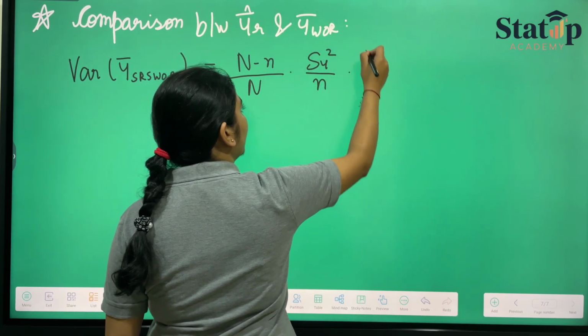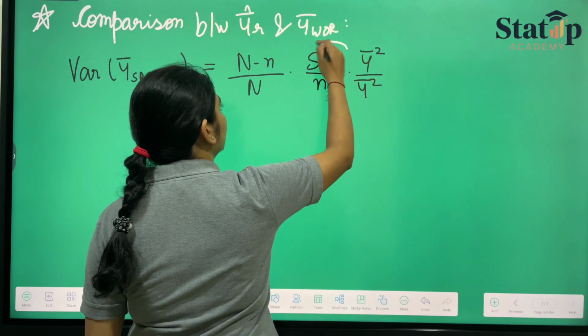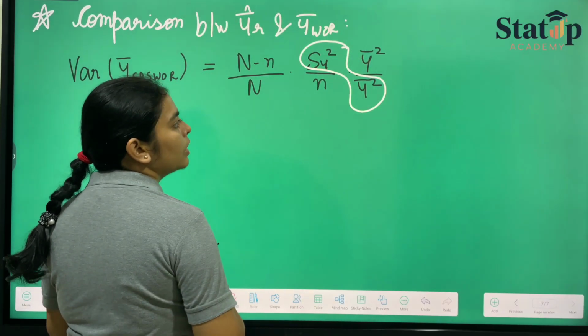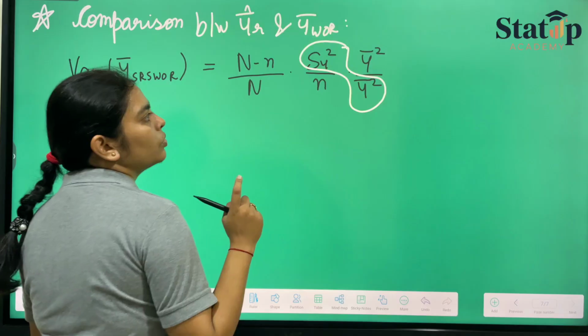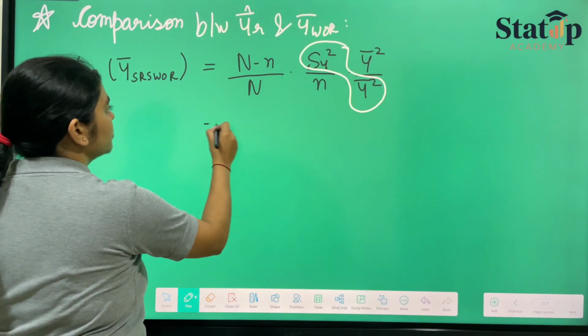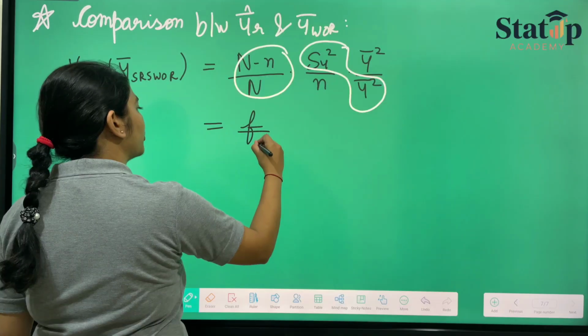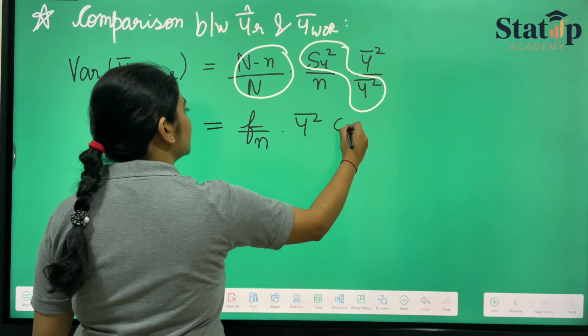We can multiply and divide by Y bar square. Now this term, this upon this, becomes Cy square, and this is equal to f. So it will be small f upon n into Y bar square Cy square.